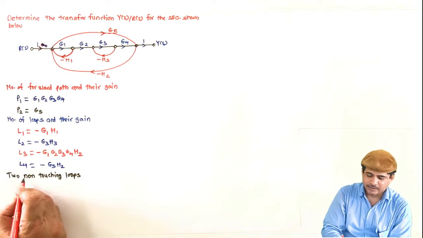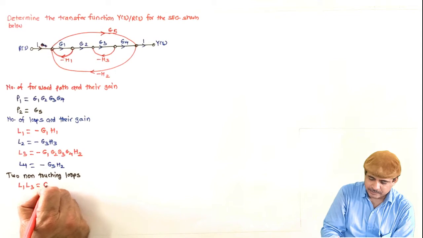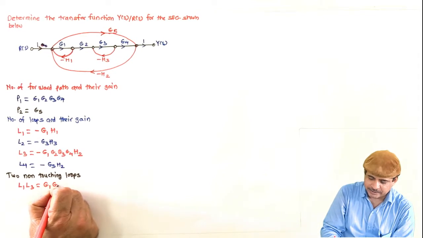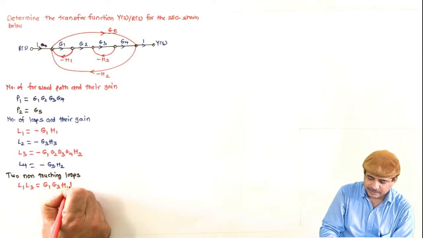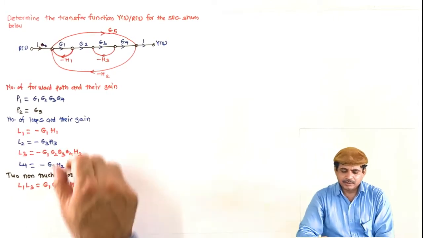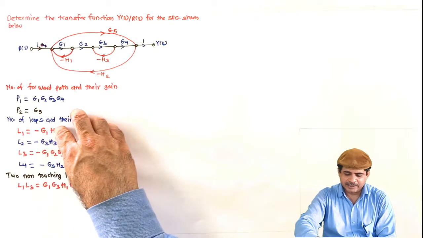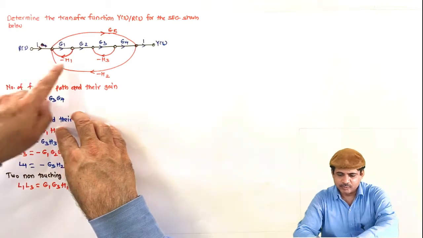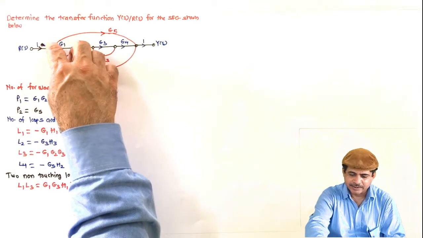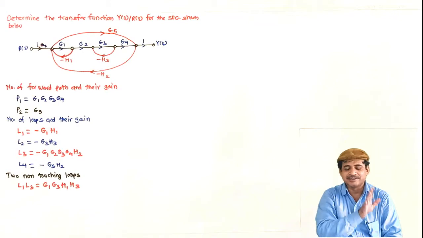So we can write here L1 L2 and it is G1 H1 G3 H3. So I will write G1 G3 H1 H3. Then L1 and L3, G1 is common, discard. L1 and L4, nothing is common, so there is possibility. So here is L1 and this one is L4, but they have a node common, so they are not non-touching, they are touching each other.